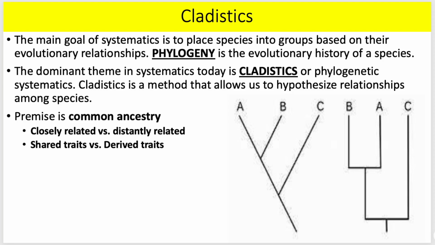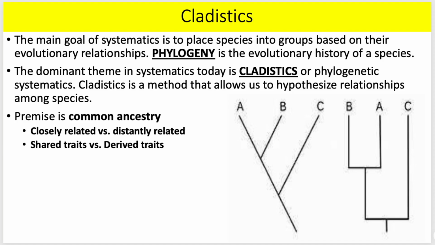You could think of it like a family tree, right? You have the grandparents, and then you draw a line down from the grandparents to their kids, and then lines from their kids and their kids' spouses to the grandkids, and so on and so forth. It's sort of like that. Now, the premise or the assumption for these charts is common ancestry.